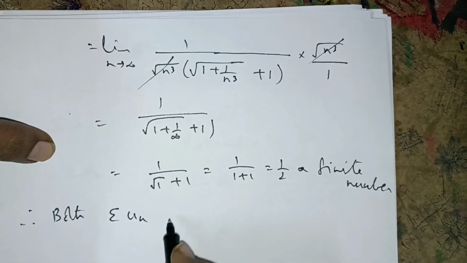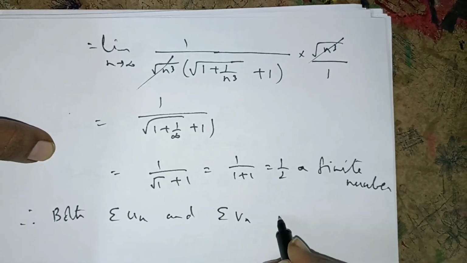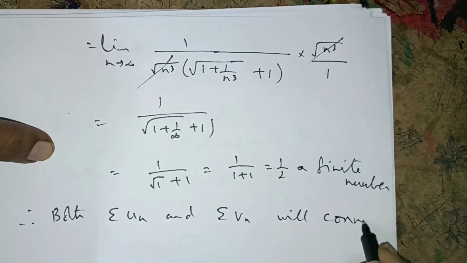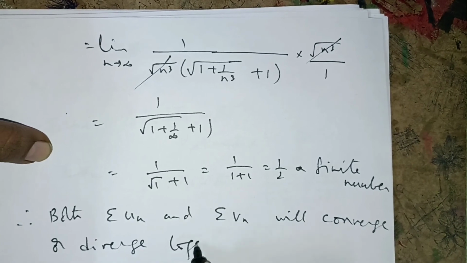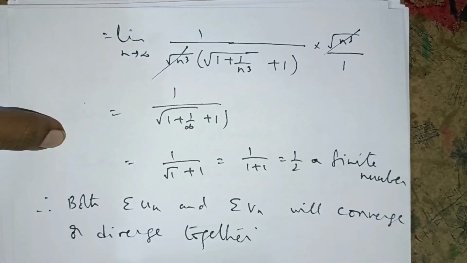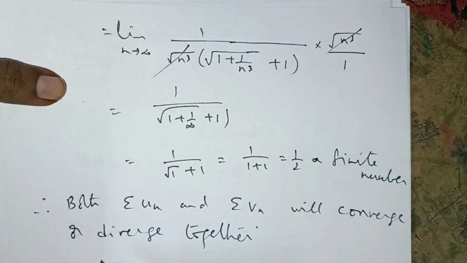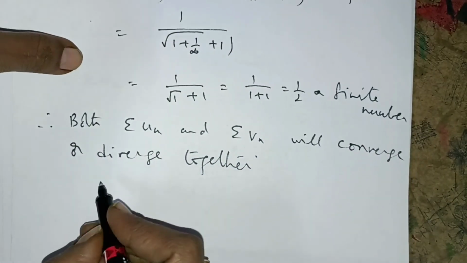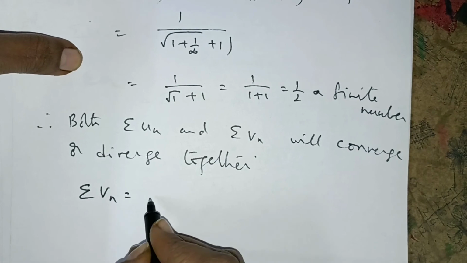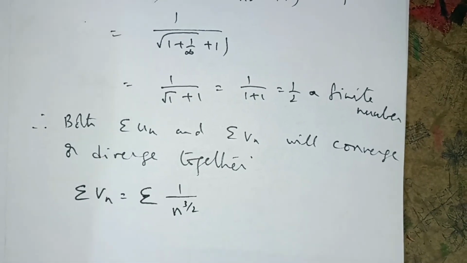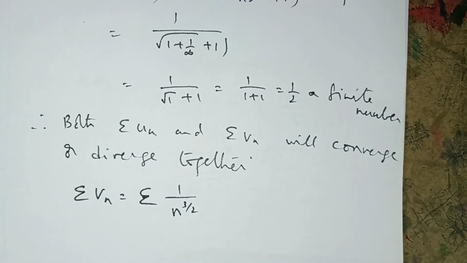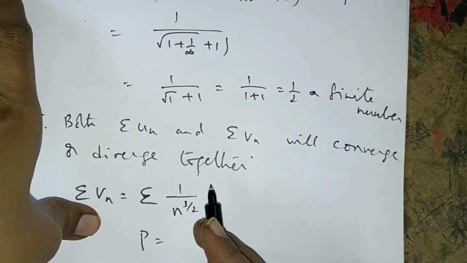Now sigma vn is equal to sigma 1 by n to the power of 3 by 2, or 1 by root n cube, both are the same. This is in the form of the p-series, sigma 1 by n to the power of p, where p is equal to 3 by 2, which is greater than 1. If p is greater than 1, sigma vn converges.